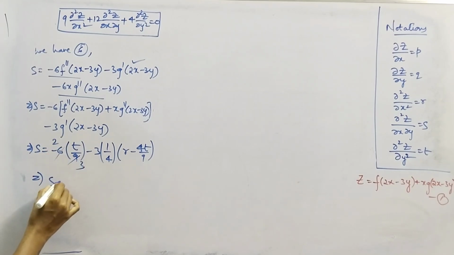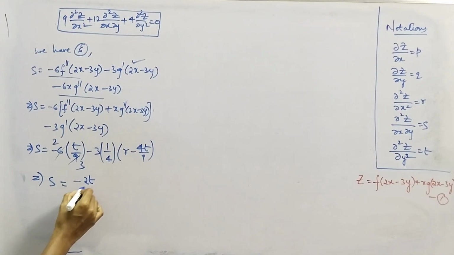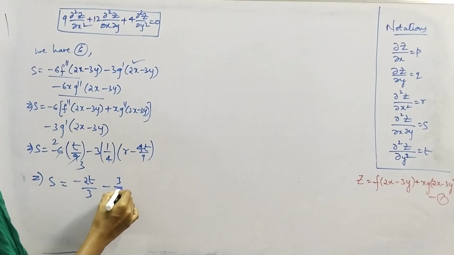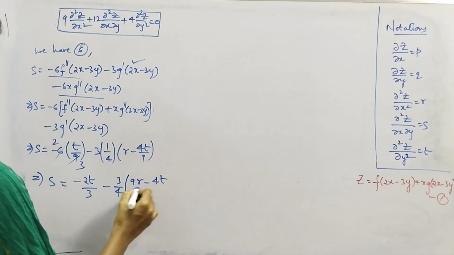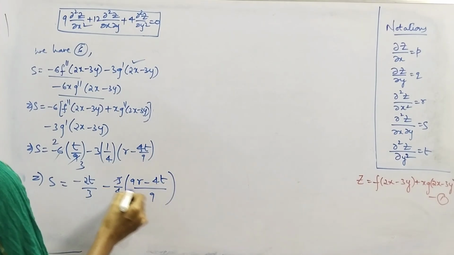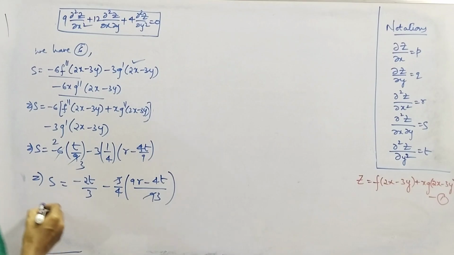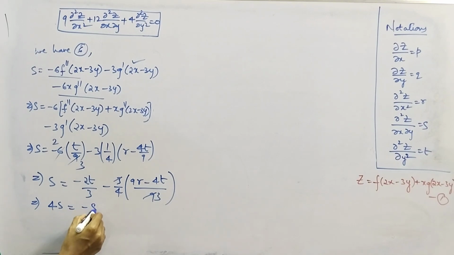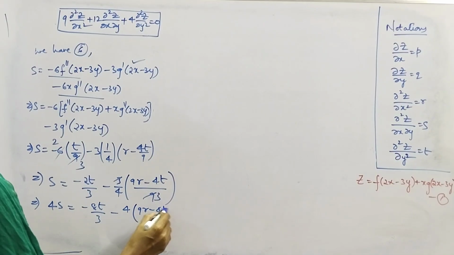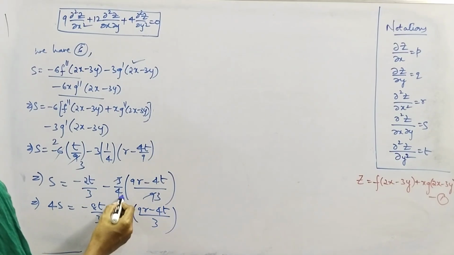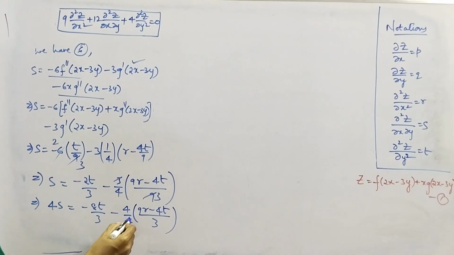We'll get s equal to minus 2t by 3 minus 3 by 4 into 9r minus 4t by 9. 3 3s are 9, right? Now multiply both sides of the equation with 4. You'll get 4s equal to minus 2 4s are 8t by 3 minus 4 times 9r minus 4t by 3. Here in the denominator you're having 4, where 4 gets cancelled, right?